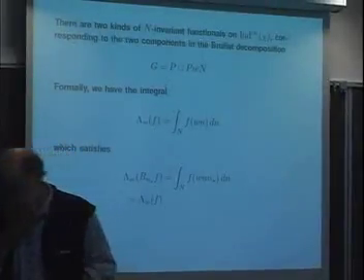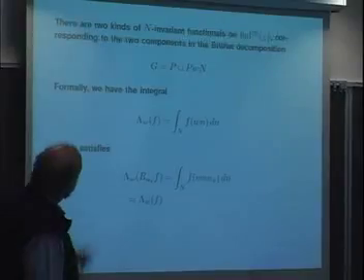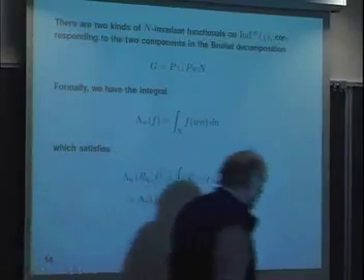Now, okay, so let's look at that. So there are basically 2 kinds of N, and let me summarize this.